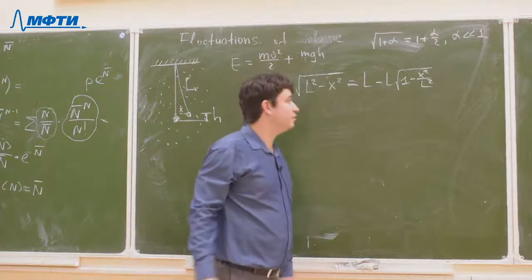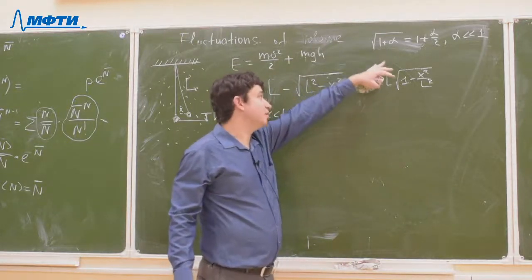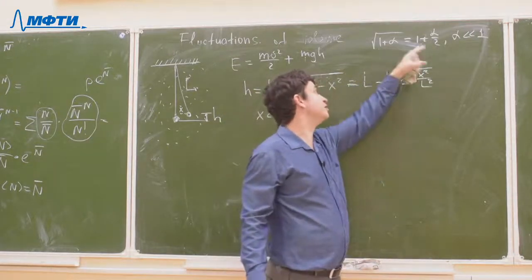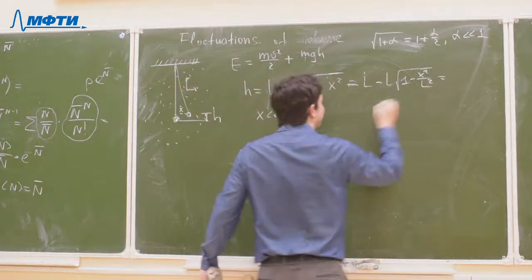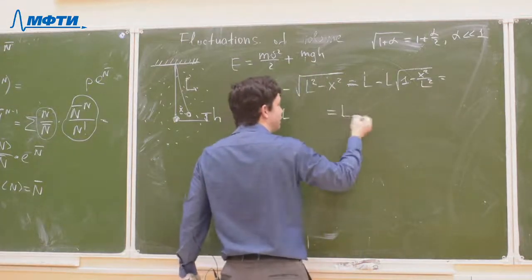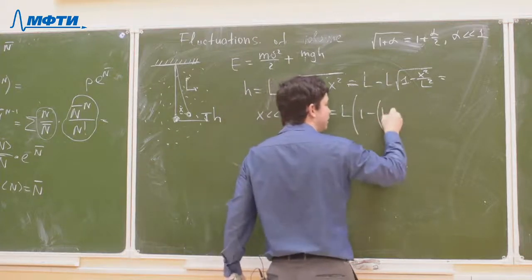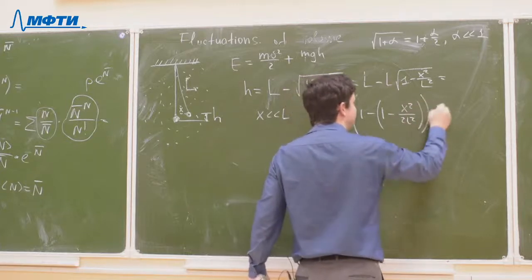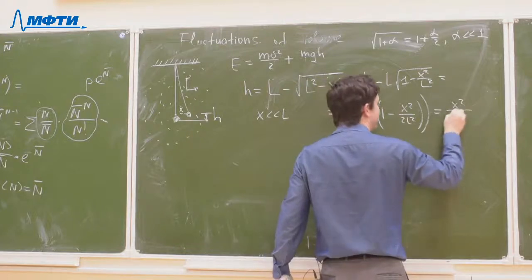It can be seen that this expression is actually the first two terms in the Taylor expansion of this function. And you can write here 1 minus 1, and here minus x squared over 2L squared. This gives me x squared over 2L.